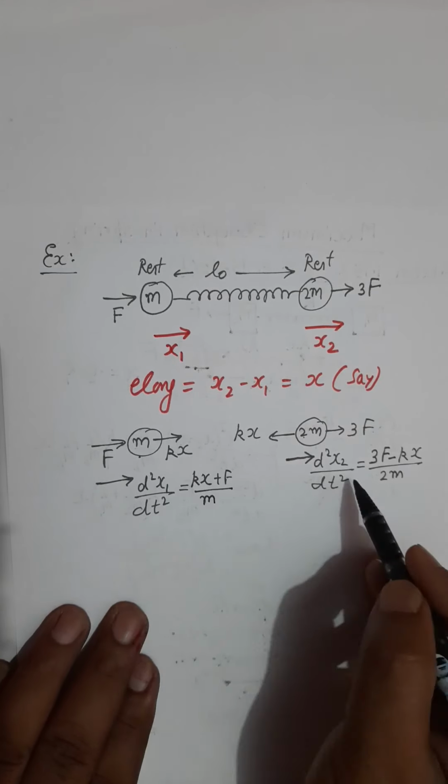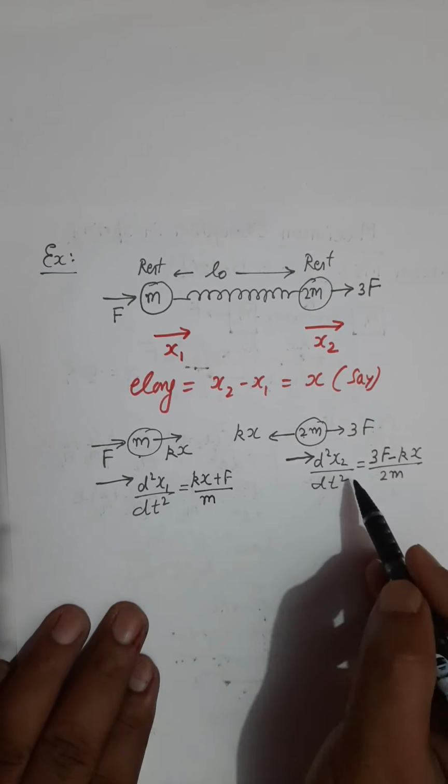Now I will subtract this equation from this equation. On the left hand side you will get d2 of x2 minus x1. On the right hand side, it is (3F minus kx) by 2m minus (kx plus capital F) by m.